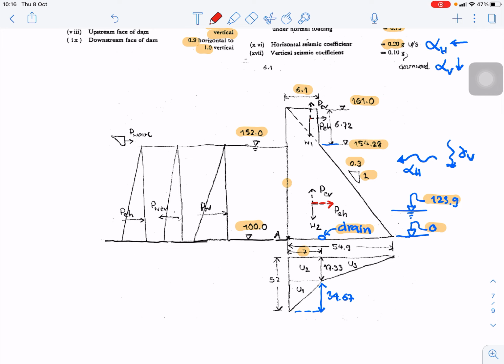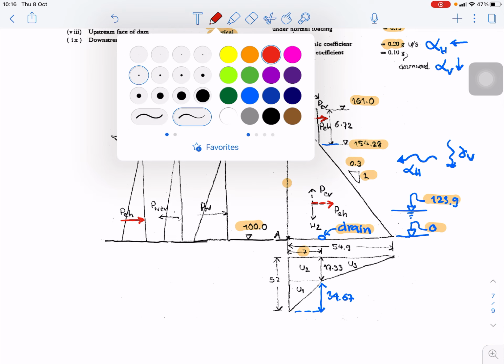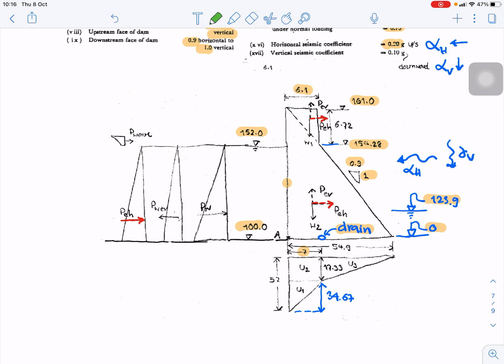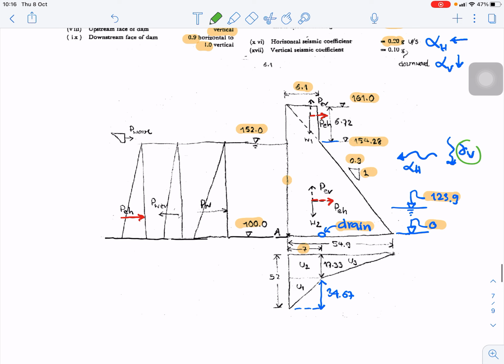So this is PEH, the inertial force in this direction. For the vertical force, because alpha v is downward, we expect that PEV is upward.